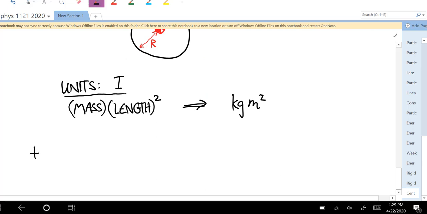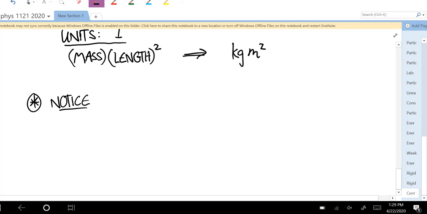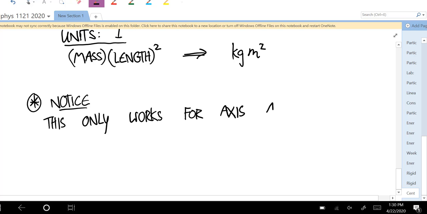So notice these formulas only work for an axis at the center of mass. What if the axis of rotation is somewhere else?